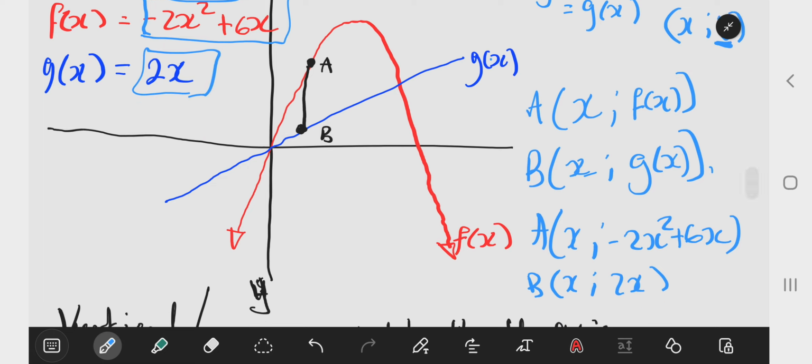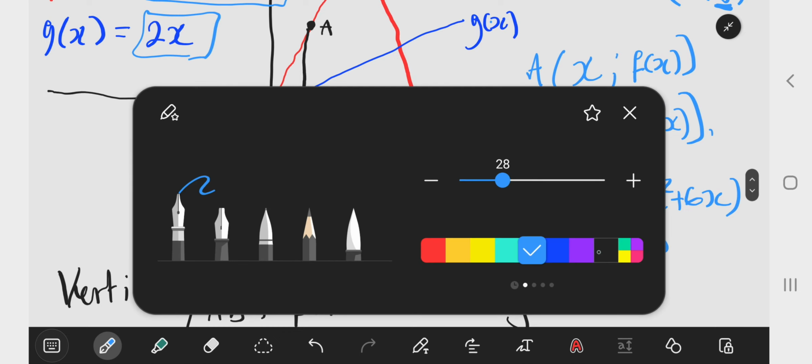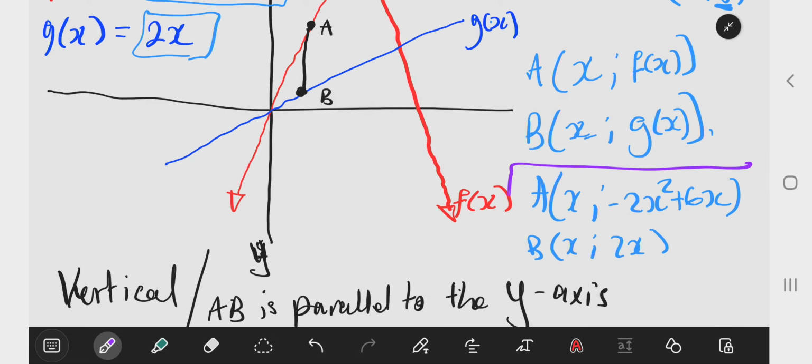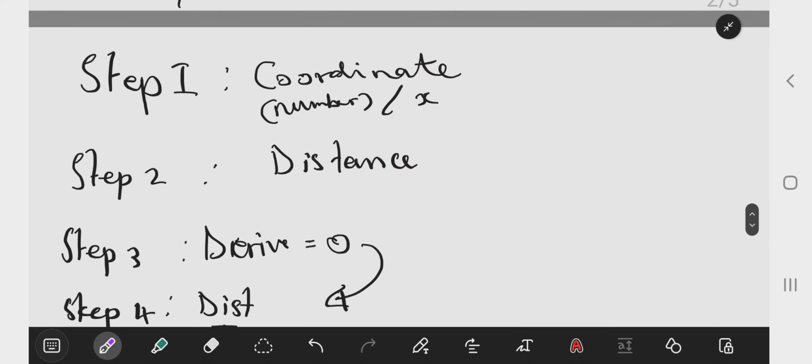So g of x ungu 2x. So now lama coordinates wethu la sesicompleted step number 1. Coordinate A is x into minus 2x squared plus 6x, and then B x into 2x. Right? Sesiwathola lama coordinates, sesisebenzisa i-distance formula ke manje.